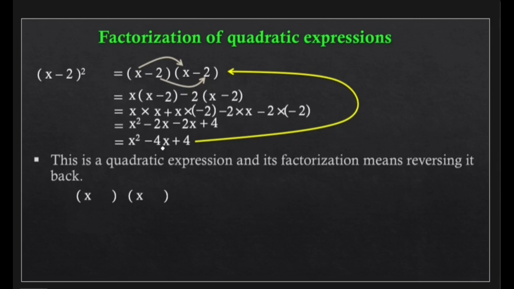So in this case, only negative 2 times negative 2 can give us positive 4, and negative 2 plus negative 2 gives us negative 4. So here we just have to put negative 2 and negative 2. Even when we don't know the original, we can still get back to where it came from by thinking through the process I've just taken you through.